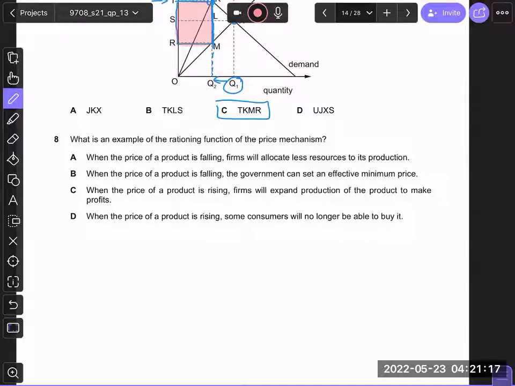How does price ration? Like how does price ensure someone will buy how much quantity? Like if you can afford the price, then you can get the good.